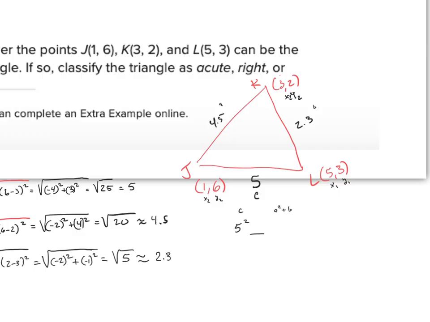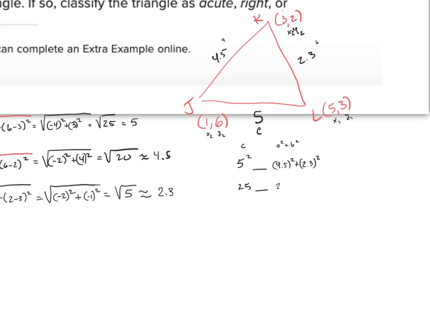A squared plus B squared, so I would have 4.5 squared plus 2.3 squared, and that's going to come to 25.54. So according to this, A squared plus B squared is greater than C squared. So I am pretty sure that would mean that is an acute triangle.